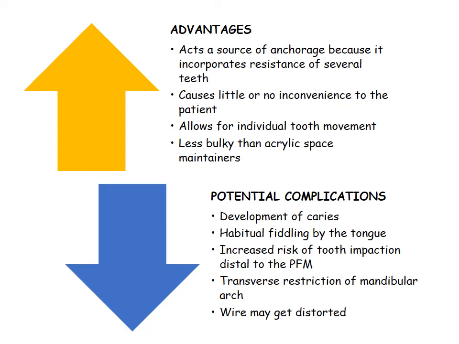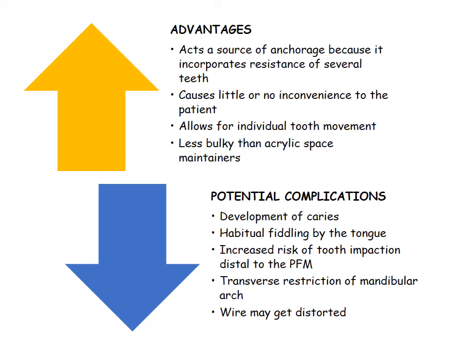And the potential complications of the appliance are the development of caries and habitual fiddling by the tongue. Development of caries, because if the patient is not maintaining good oral hygiene, that might cause the accumulation of food and caries.